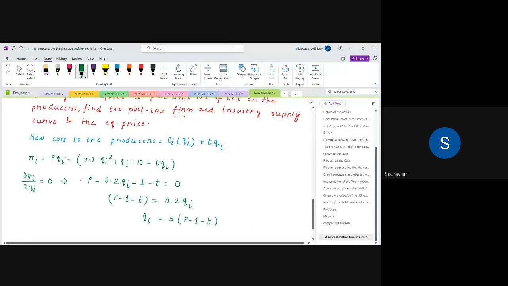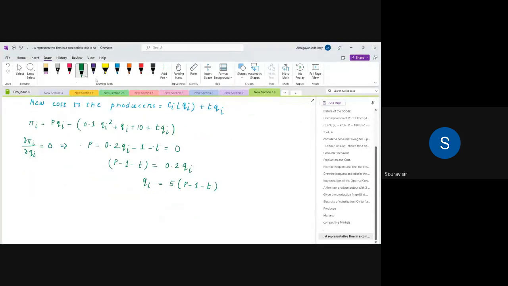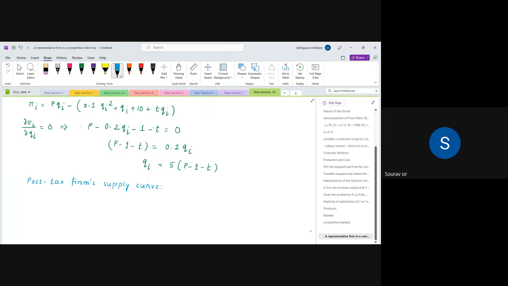So that means the post-tax firm supply curve will be what? Post-tax firm supply curve. Let's not change the notation, it's fine.